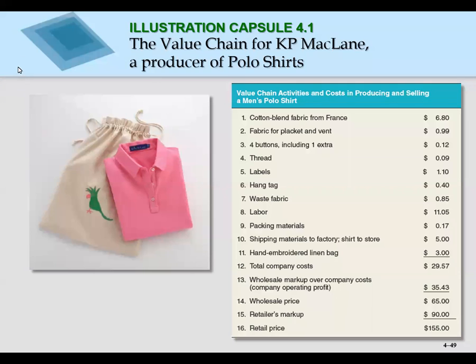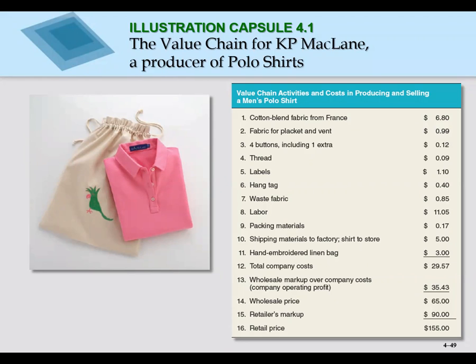This example is for this polo shirt. We actually break it down to very small details. We have the fabric from France, $6.80. And then the fabric for the placket and vent, 99 cents. 4 buttons, including 1 extra. From the picture, you see 3 buttons, so they have 1 extra. The 4 buttons are 12 cents. And then the thread, 9 cents. And then the label, $1.10.